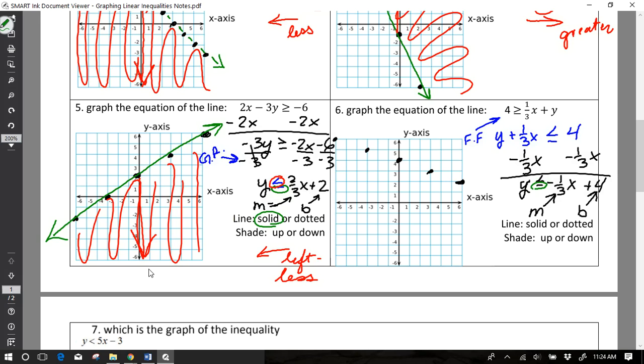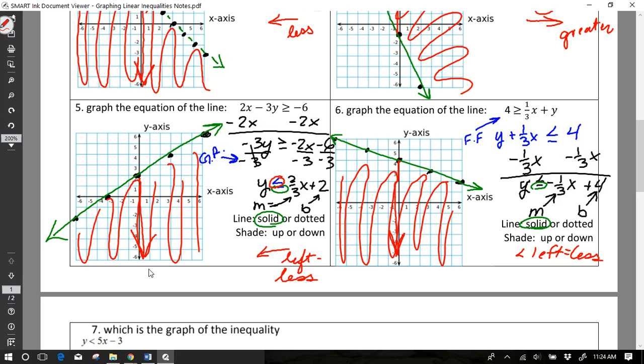I do have a line underneath, so that's solid. Okay, and then my inequality symbol is facing the left, which is less, okay? So less than 4 is down this way. And I'm finished.